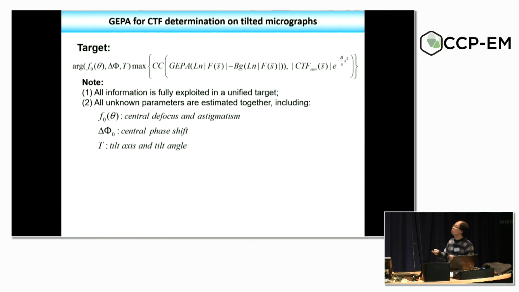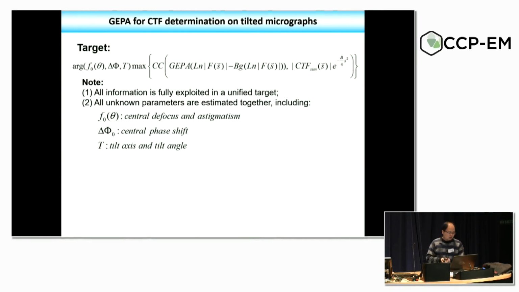How does it work? We change the target function and add one more parameter, the unknown tilt axis and tilt angle. It's called T here. It's all together. And then we maximize the cross correlation between the simulated and the generalized equal phase average, based on the parameters.